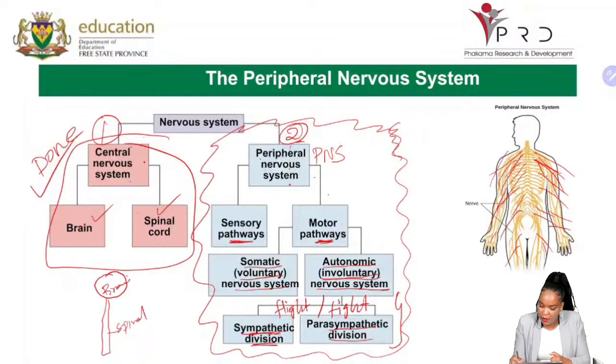But the peripheral branches. It has two pathways, the sensory pathway and the motor pathway. The motor pathway branches into two, the voluntary nervous system and the involuntary nervous system. The involuntary one, you don't tell it to do it. It happens, but it happens under the sympathetic division or the parasympathetic division. Let's see how it works.